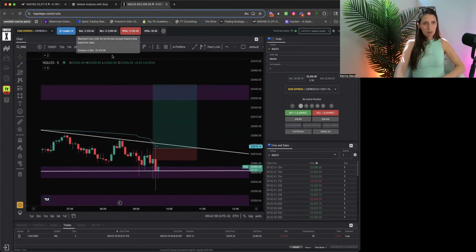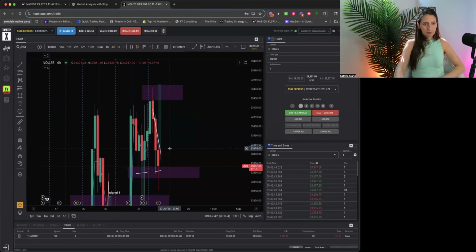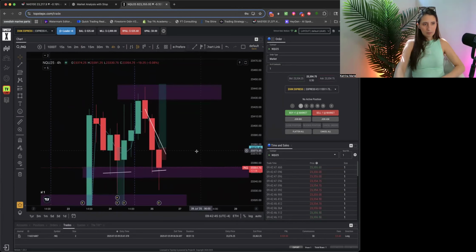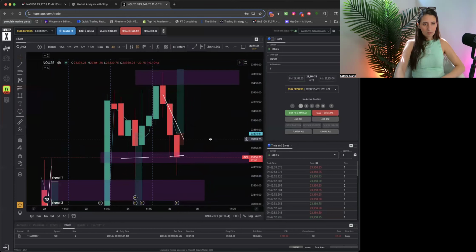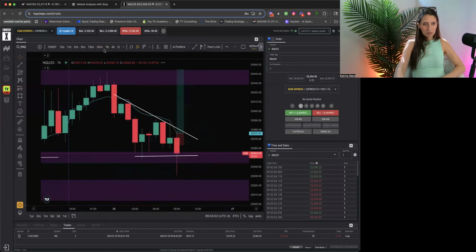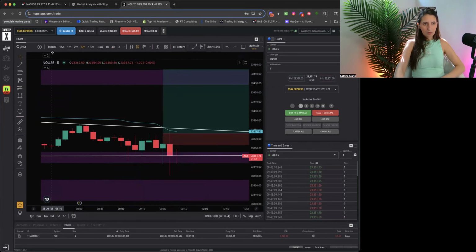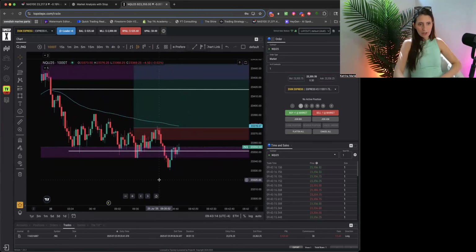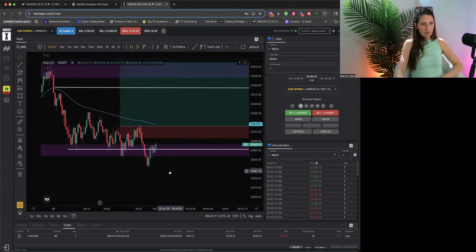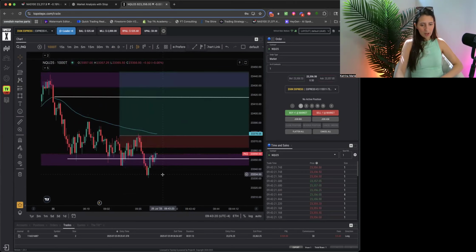Patience. What's the 4 hour doing? We don't know. The tick chart. Tick chart is basically like every 1,000 orders that go in makes a new candle. So tick chart is kind of like a volume indicator in a way.